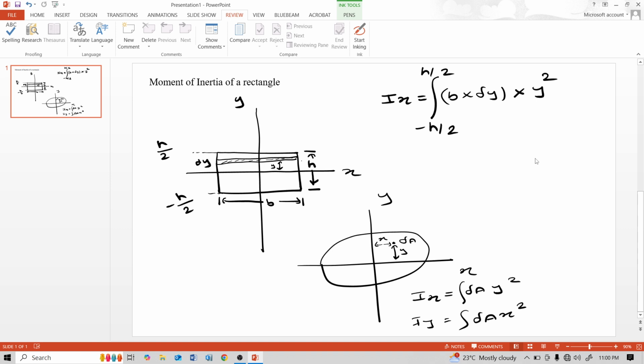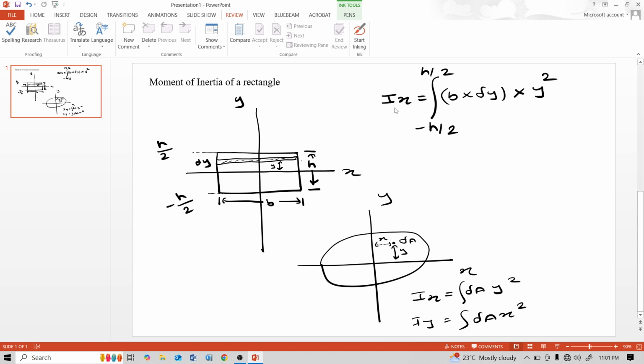Now, the similar concept is applied to this rectangle. Ix, the moment of inertia about the x-axis, is equal to the area of the small element times the square of its distance. The area of this small element is b into delta y.